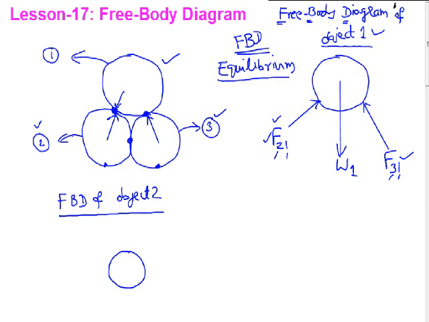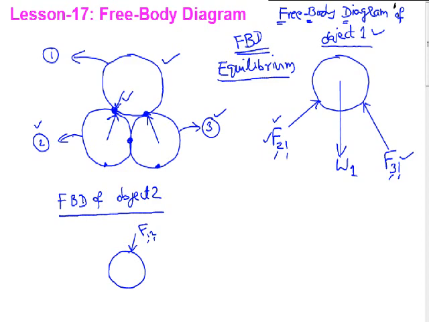For example, object 1 is pushing onto object 2 with a force shown here. So we'll show a force, and this force we will call F12, the force exerted by object 1 on object 2.